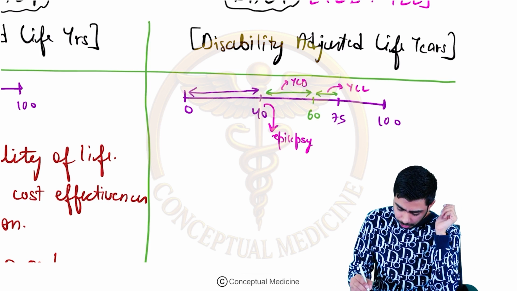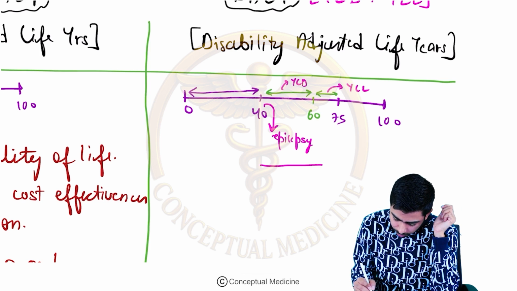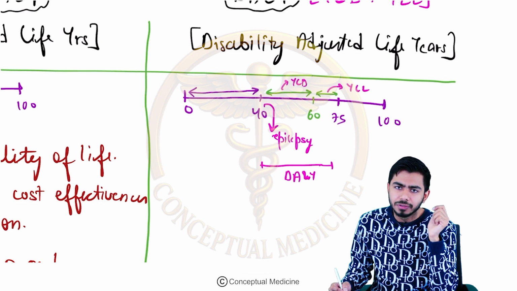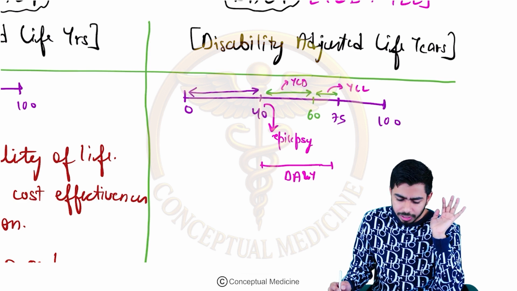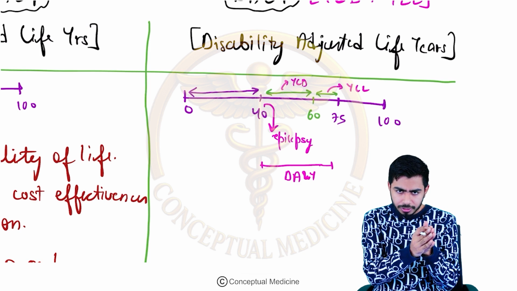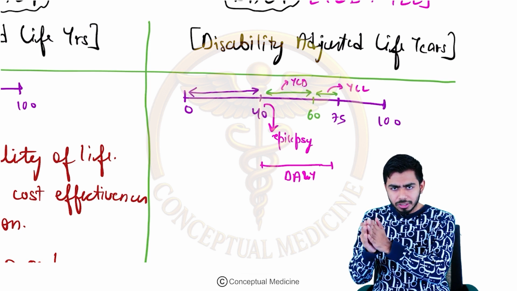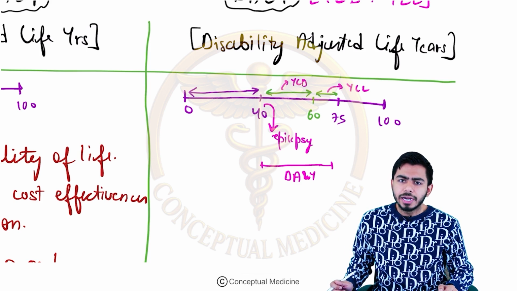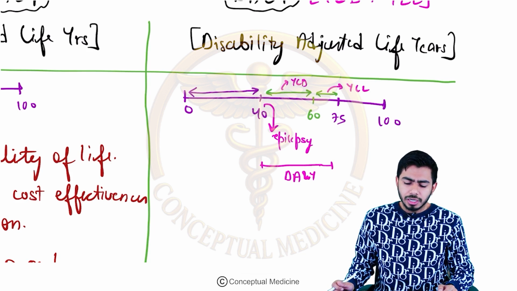So in total, 40 to 75 years, that becomes the DALY, the disability adjusted life years. So I hope you are clear with that. Years lost to life and years lost to disability, combining and making up the disability adjusted life year, DALY.